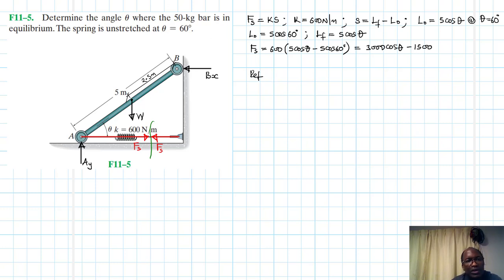Our fixed reference is, we're going to pick this point. Let me call this point A, B. Let me call this C, then this one D. Okay, all right.